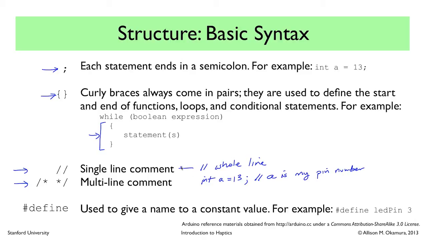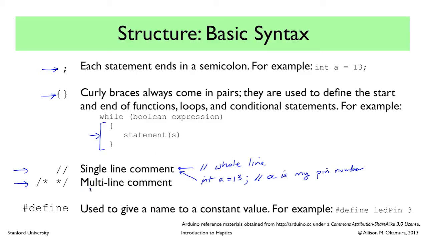So these two are examples of single line comments. If you want to comment out a lot of code at once, there are buttons that you can click in the Arduino IDE that will let you add a bunch of single line comments to a bunch of lines, but then getting rid of those can be hard.